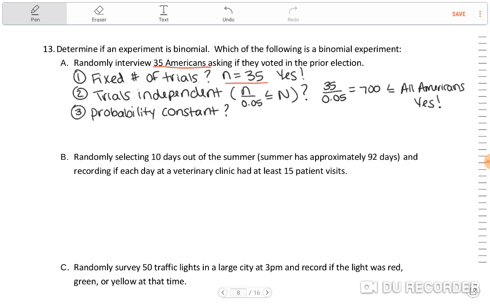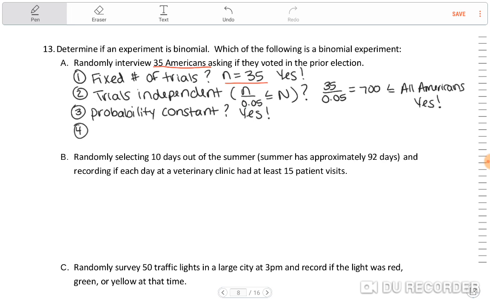I would say the probability is constant here because, we don't know what the probability is, but it looks like it's going to be constant, right? I would say, was it 50-50? Maybe, because they either voted or they didn't. I don't know what the probability is, but I would say that it is constant.